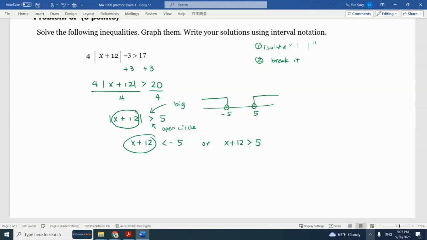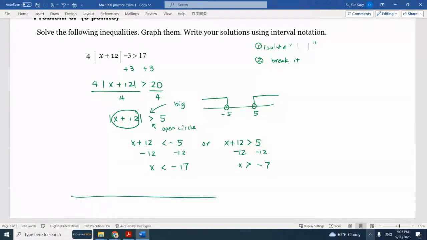And then when you solve for x, we subtract 12. x less than negative 5 minus 12, which is minus 17. Here, subtract 12, 5 minus 12 is negative 7.